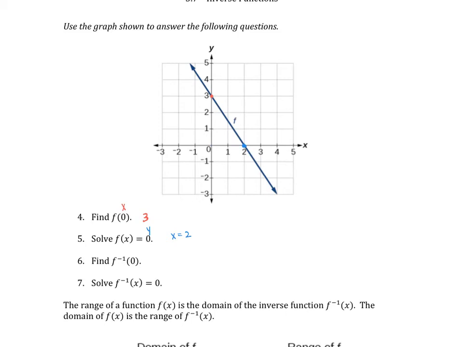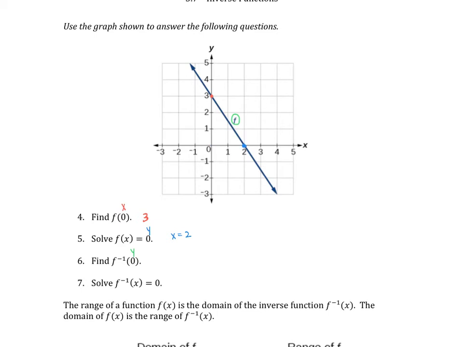Okay, now remember, inverse is the opposite. So this graph is for f. So normally f inverse of 0, that 0 would be in the x spot, but since it's the inverse, we're going to look on the graph for the y.